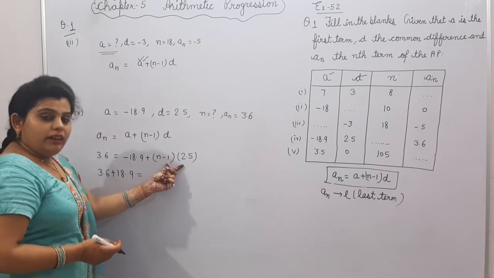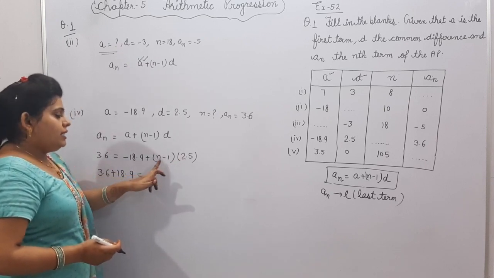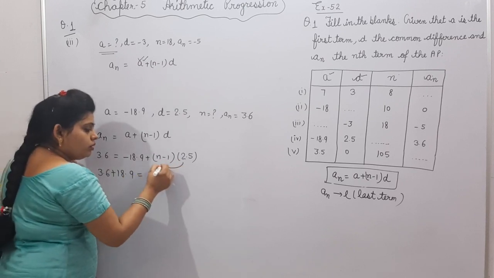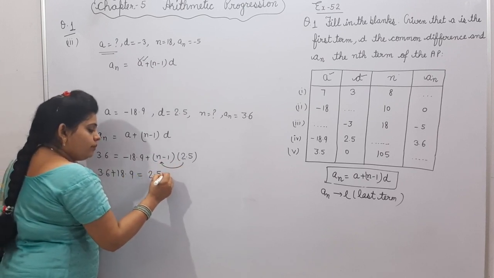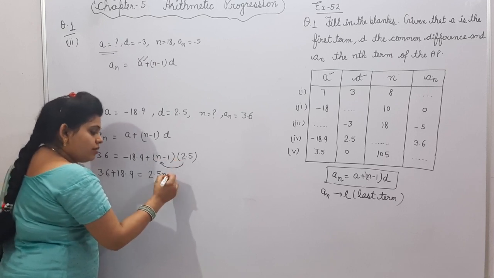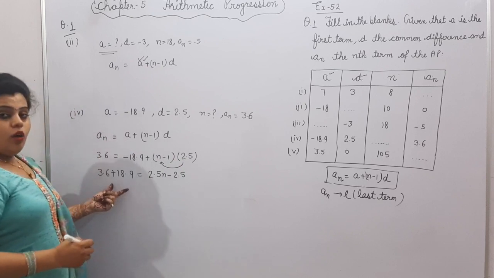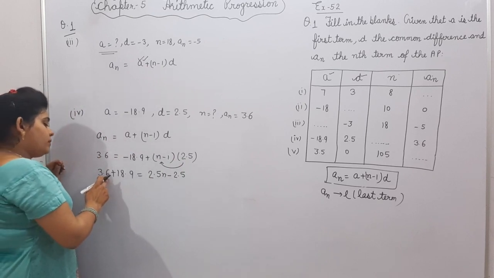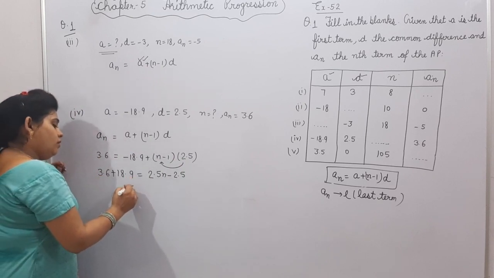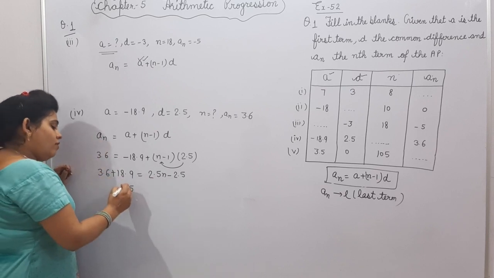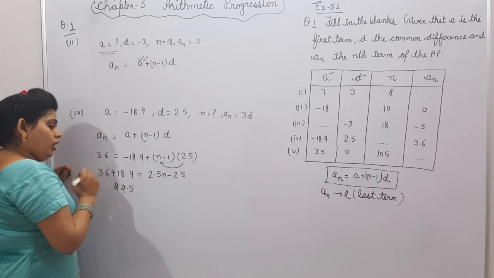Equal to, on solving these, what will we get? These two are in multiplication. When we multiply this n minus 1 by 2.5, we will get 2.5n and minus 2.5 into 1, 2.5. Now on solving these, what will we get? 6 plus 9, 15, 1 carry, 8 plus 1, 9, 9 plus 3, 12, 1 carry, 22.5.